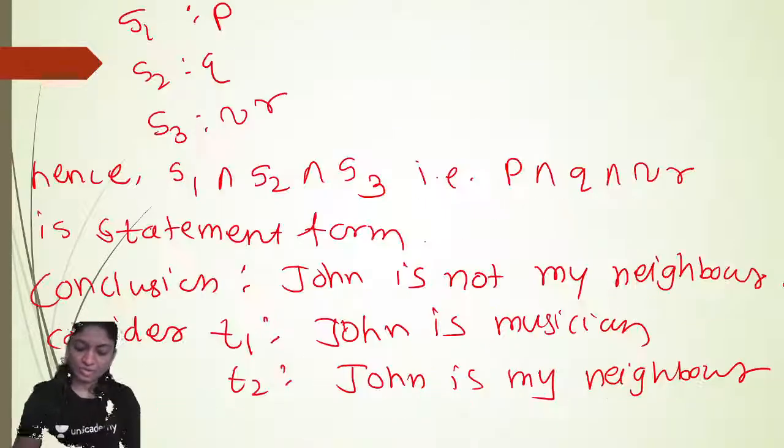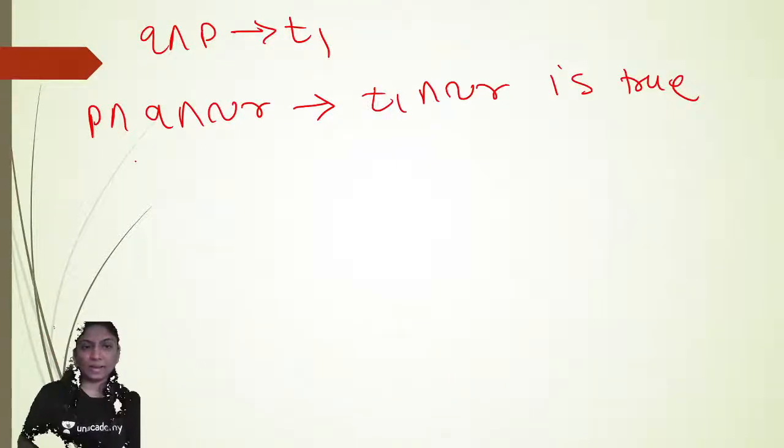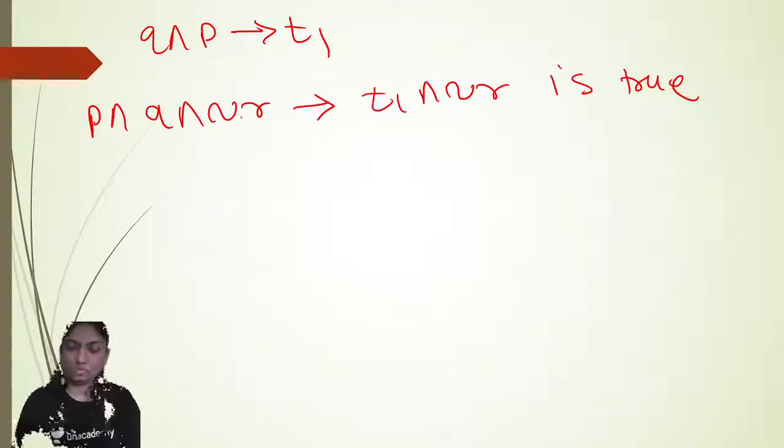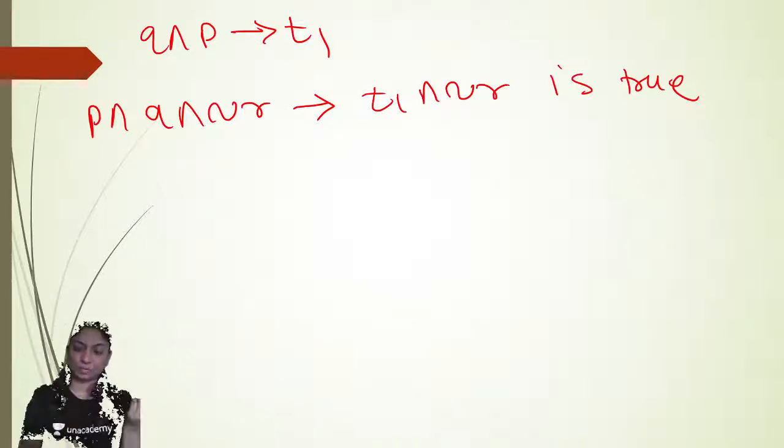That is, John is a musician and my neighbors are not musicians. Hence, if my neighbors are musicians then John is not my neighbor. John is my friend and all my friends are musicians, which implies John is a musician.